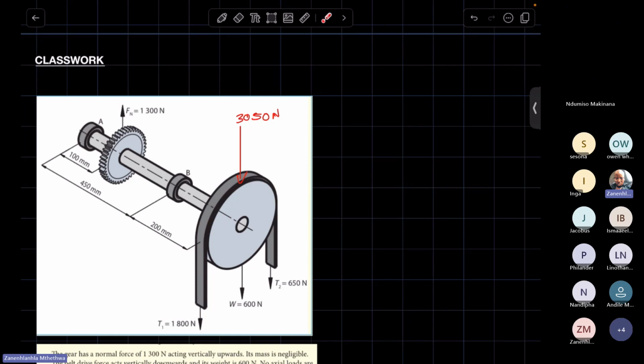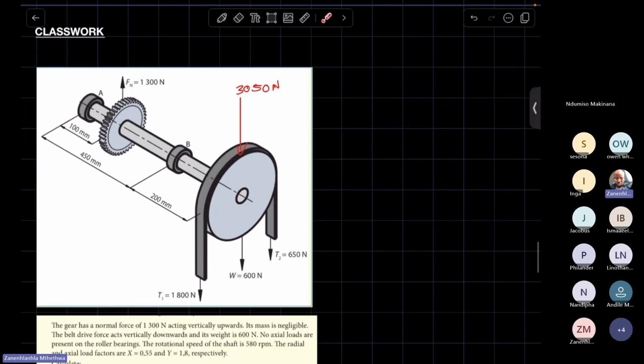In this case, the tensions are pointing downwards, along with the weight of the pulley. So they've given us the weight of the pulley. This W represents the weight of the pulley, meaning that this has a considerable weight, hence we need to consider the weight of the pulley as well, right?